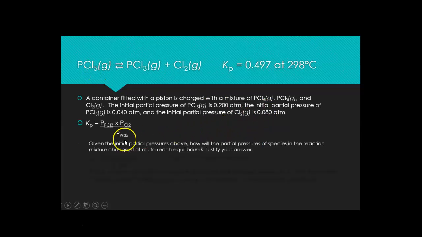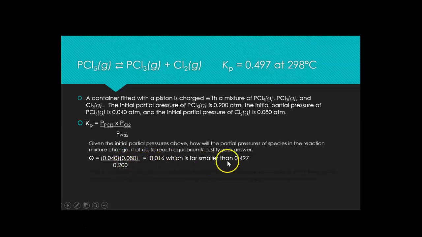Now they want to know, given these initial partial pressures, how will the partial pressures of each species change to reach equilibrium, if they do at all? Well, this is very small, this is very small, and this is relatively large. So Q is 0.04 times 0.08 divided by 0.2. That's 0.016.